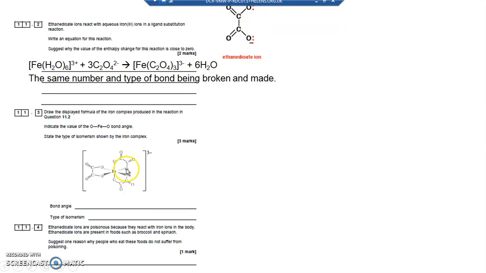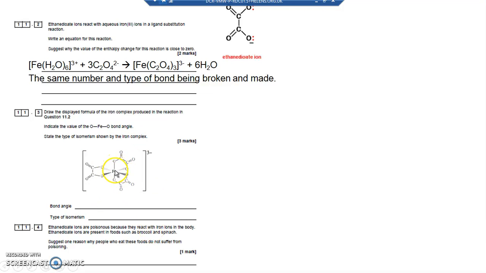So the lone pairs of electrons on the O's are going to be forming coordinate bonds with the Fe, and I've got 3 of them around it, and I've got 3 minus charge overall because the Fe is in +3 oxidation state. Each of these are -2 ions. 6 minus from the 3 ligands, 3 plus from the Fe leaves 3 minus overall. I'm not quite sure where the 3 minus is, so I'm just going to put a square bracket and a 3 minus around, to show that I know overall it's got 3 minus charge.